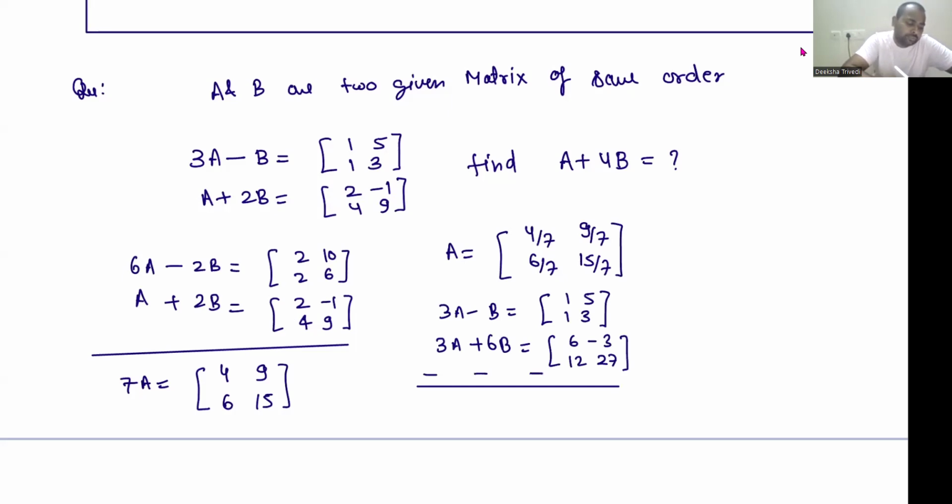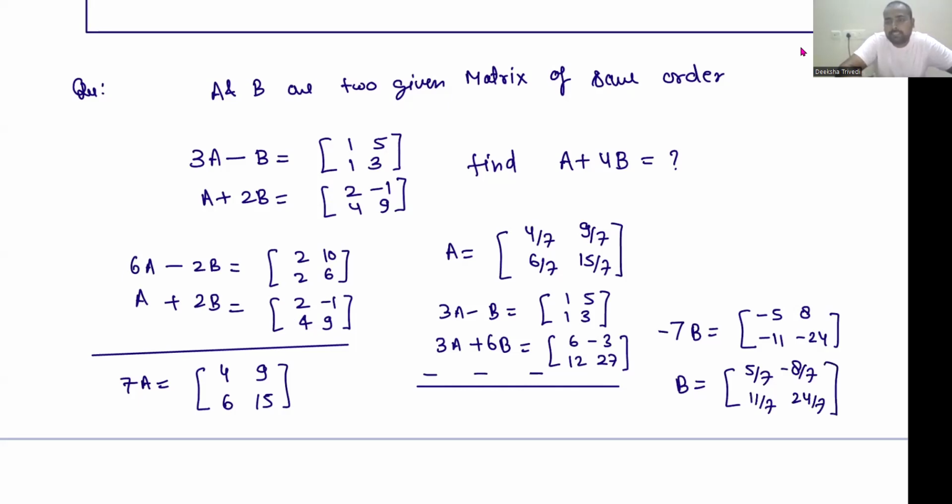If we subtract these two, then minus 7B is nothing but the difference, where corresponding elements are subtracted. Then 1 minus 6 gives minus 5, 5 plus 3 gives 8, 1 minus 12 gives minus 11, and 3 minus 27 gives minus 20. So the B matrix, divided by minus 7, is 5 by 7, minus 8 by 7, 11 by 7 and 24 by 7. Check, does everybody have the same answer for A and B or not?